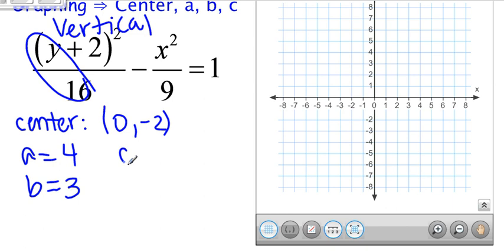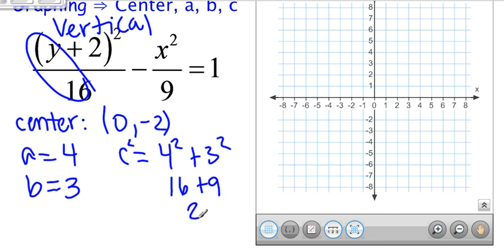To get our c, we need to do our a squared plus our b squared. So we're going to have 4 squared plus 3 squared equals our c squared. So we're going to have 16 plus 9, or 25. So c will equal 5. So we're going to add plus or minus 5 to our y values.